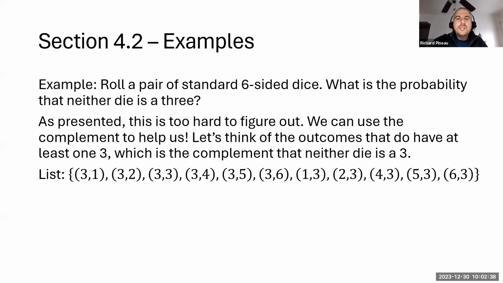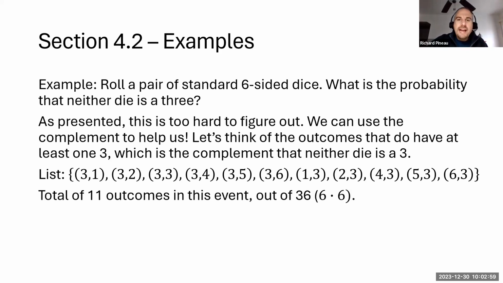Okay, so I listed for us all the outcomes in which there is a 3. You're going to notice that 3, 3 is only listed once. The order in which those occur for 3, 3 only counts as a single outcome. I know it's a bit strange, but we don't list it as a second outcome. So we have a total of 11.